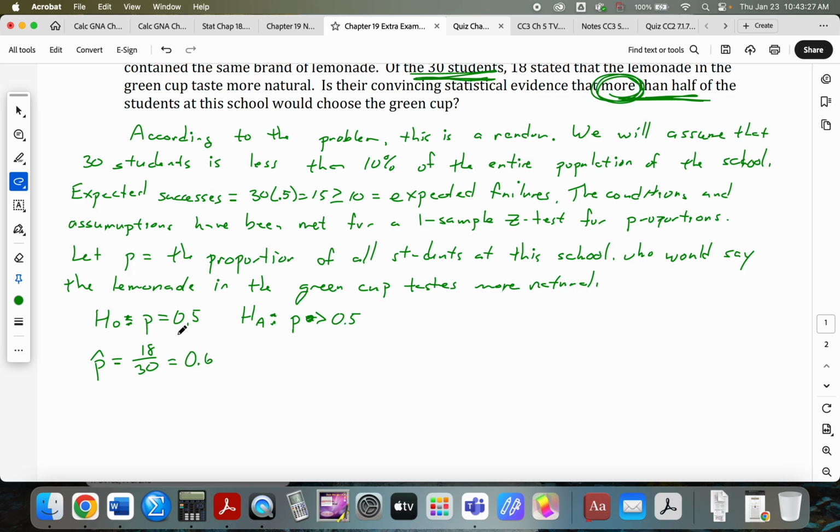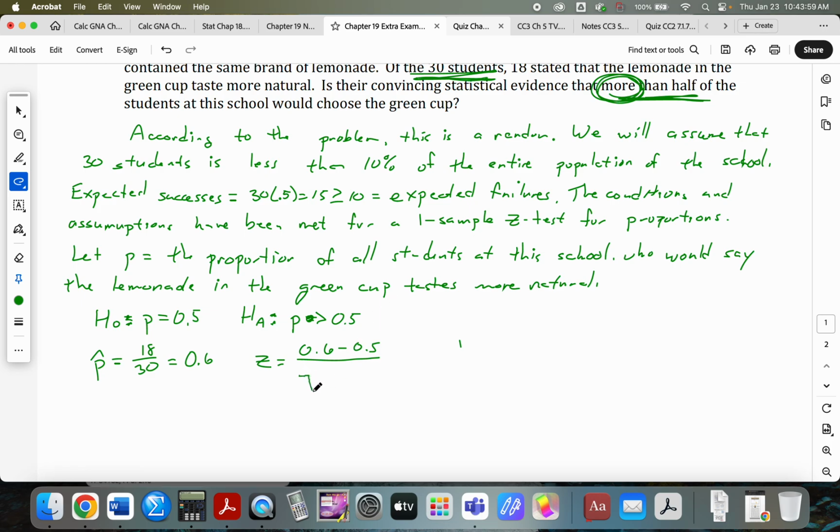Right? Let me get this. I have my numbers worked out. So our z-score is going to be what we observed minus what it's supposed to be, divided by, well, we need the standard deviation.